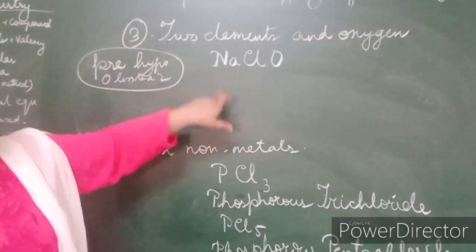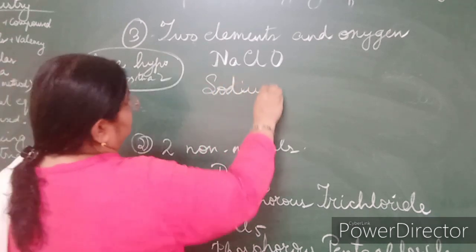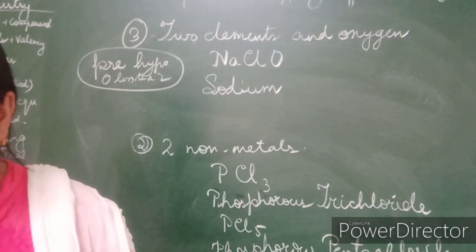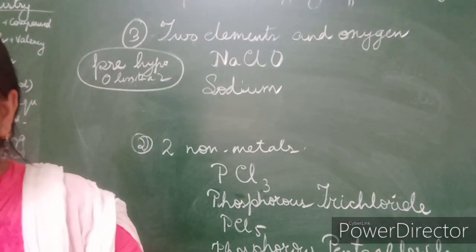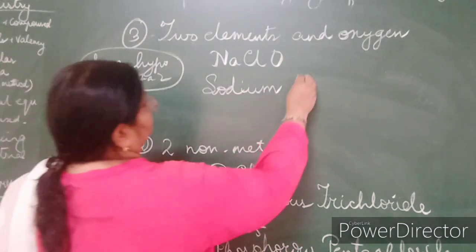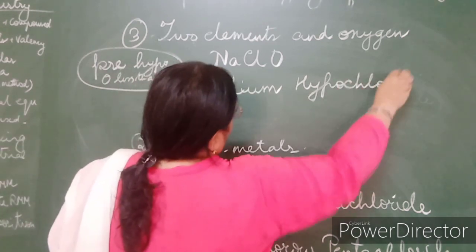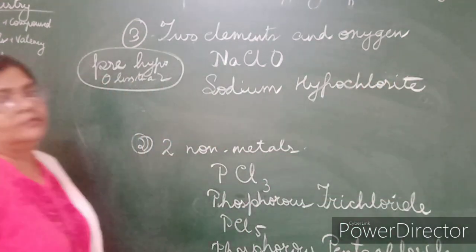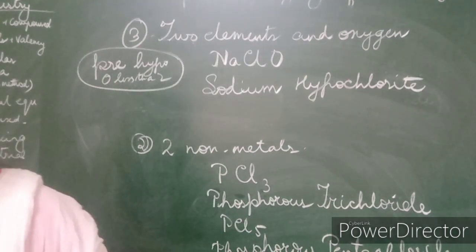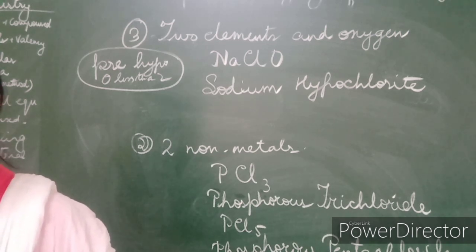So here first we'll write the name of the metal, sodium, and then hypochlorite.